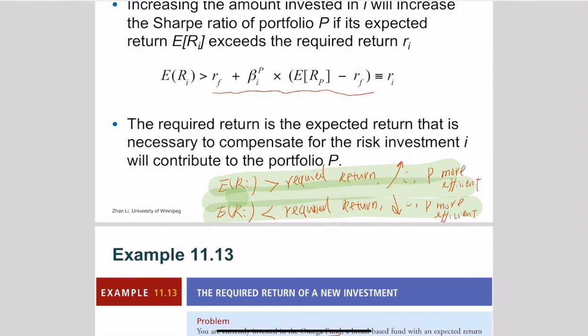Then this tells you that if a portfolio is efficient, then expected return has to be the same as required return, right? Because if expected return does not equal required return, then you should be able to make some adjustment to make this portfolio more efficient, right? This violates the definition of efficiency.